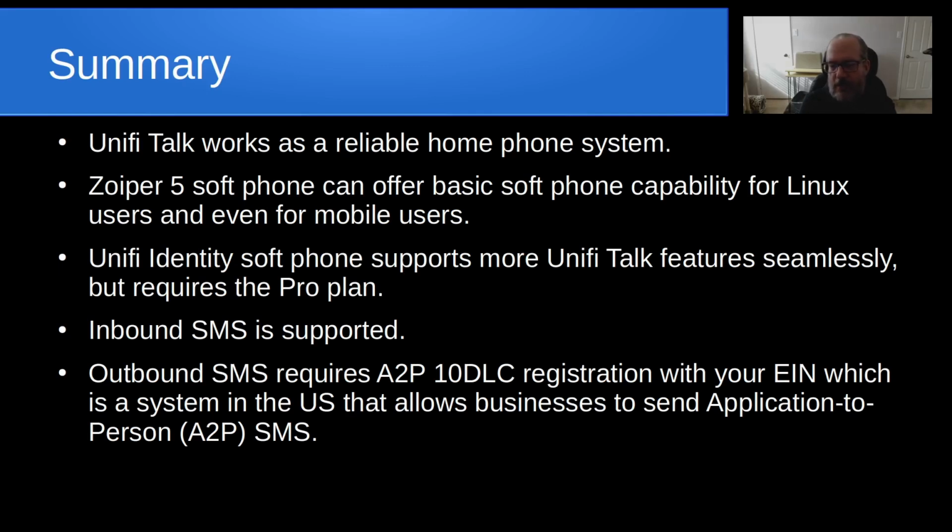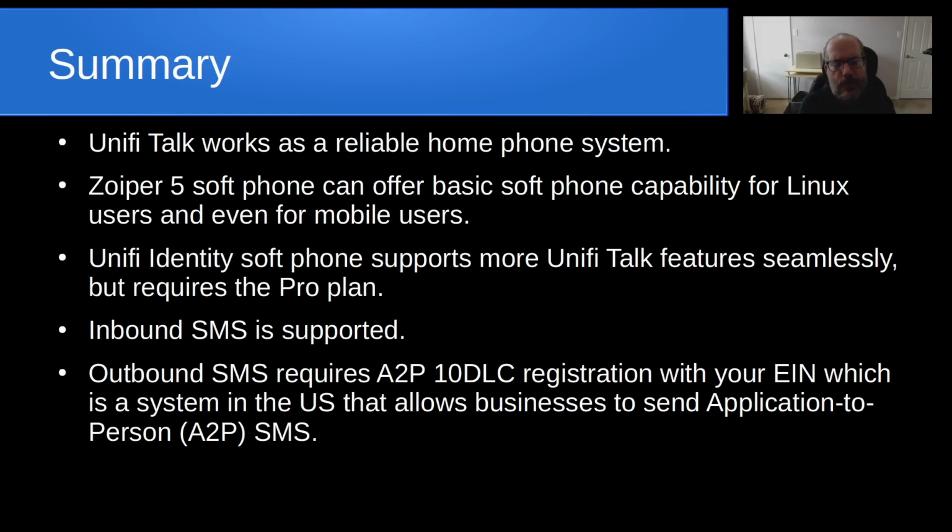And that's what is set up to allow businesses to send what they call application to person or A2P SMS messages. And by default, Unifi disables the ability in Unifi Talk to send messages out unless you're a registered service. And that's because they are promoting themselves as a business phone service.